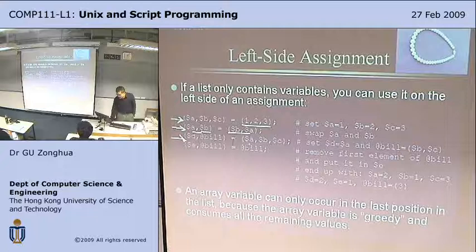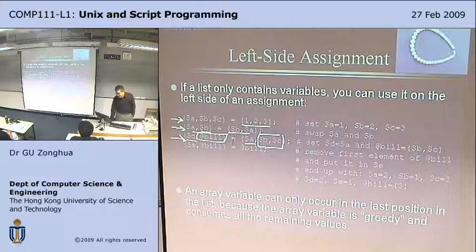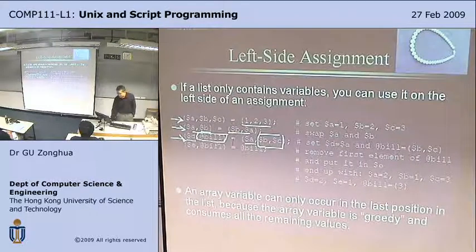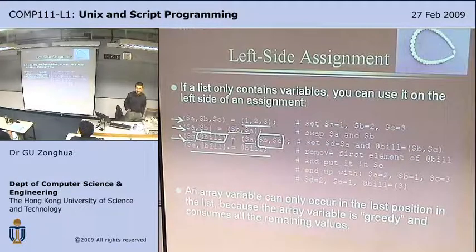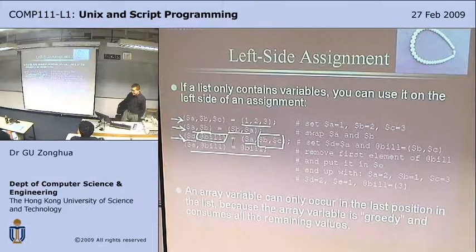So this guy assigns A to $D and B, C to @Bill. So you grab the first element assigned to the scalar variable $D, and grab the rest of the list assigned to the array variable @Bill. So this guy, on the left side you have a scalar variable $E followed by an array variable @Bill. On the right hand side you have a list, array variable.